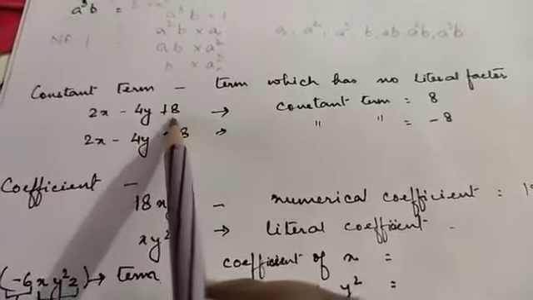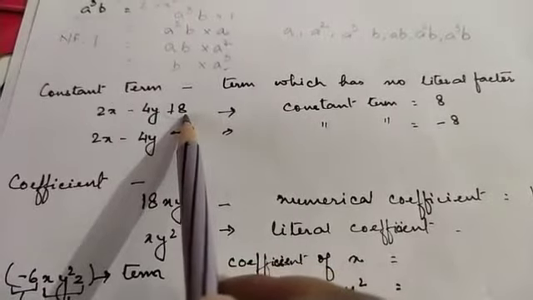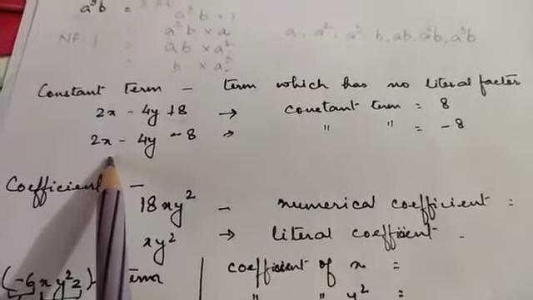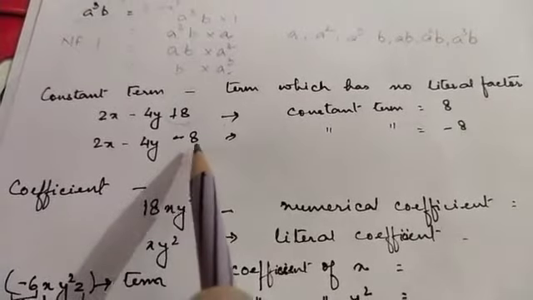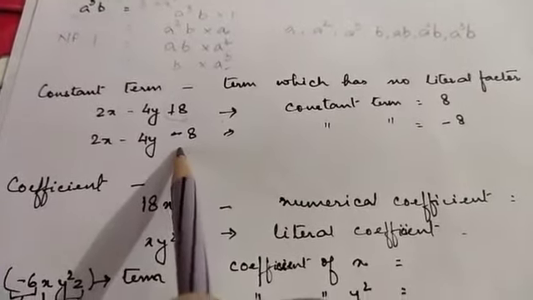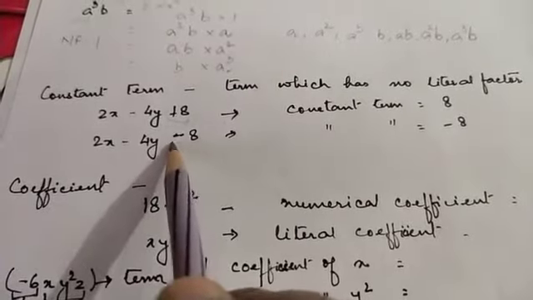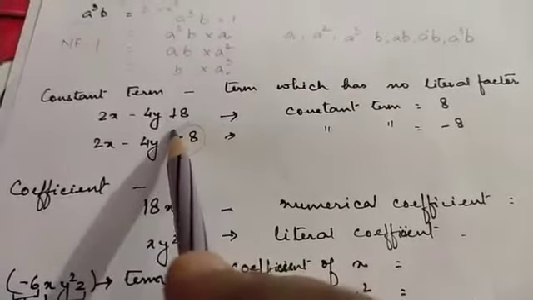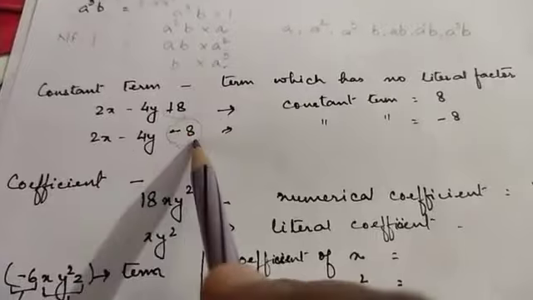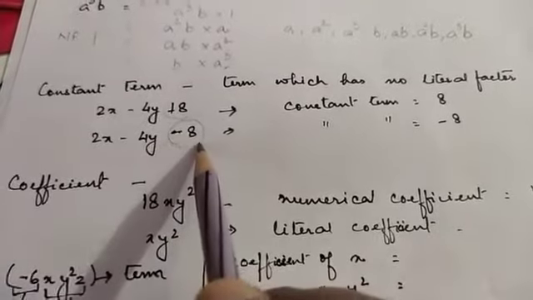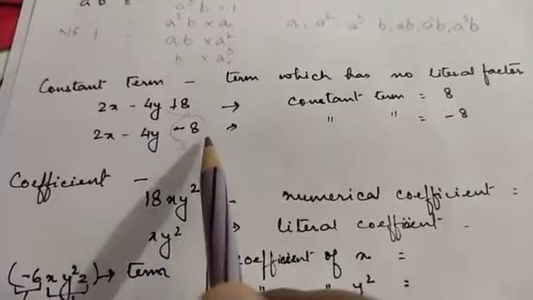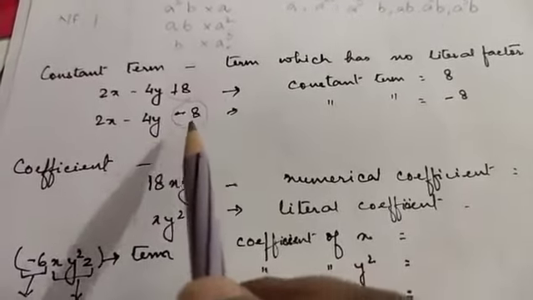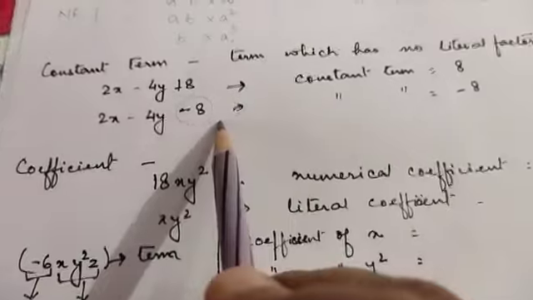So this 8 is the constant term. In the next expression, 2x minus 4y minus 8, here what will be the constant term? The constant term is going to be minus 8 because it has a negative value. So the terms which have no literal factor are constant terms.